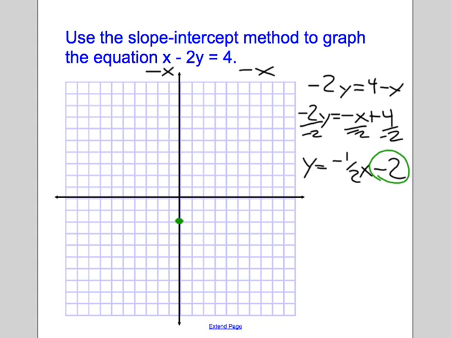So the rise is 1, and then the run is 2 this direction. We could go up 1 and over 2 from that one, that'd be fine, or you could take it down 1 over 2 from this. And there you go. Slap on the line.